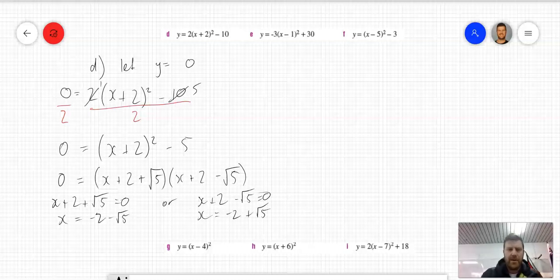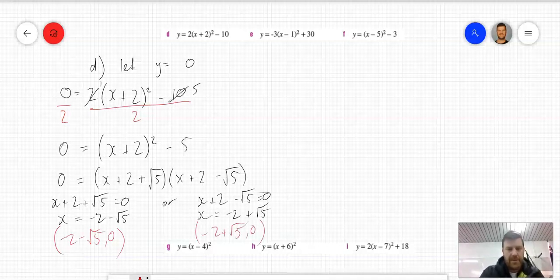I want to get you guys in the habit of writing a set of coordinates here, because in the test my class will be doing, we'll be sketching these parabolas. So the coordinates of the x-intercepts are minus 2 take root 5 and 0, and minus 2 plus root 5 and 0.